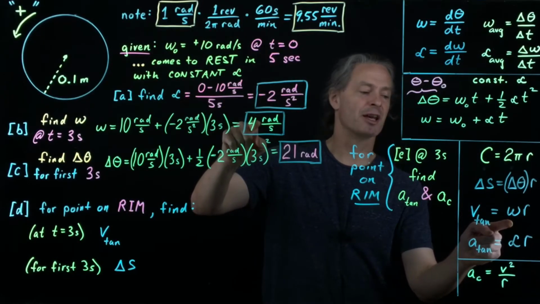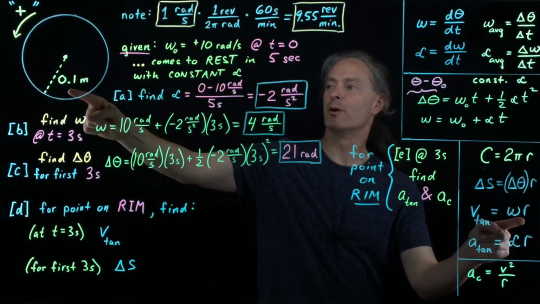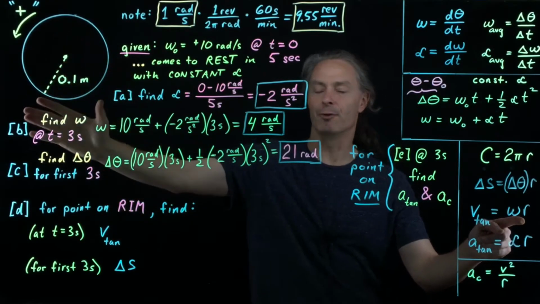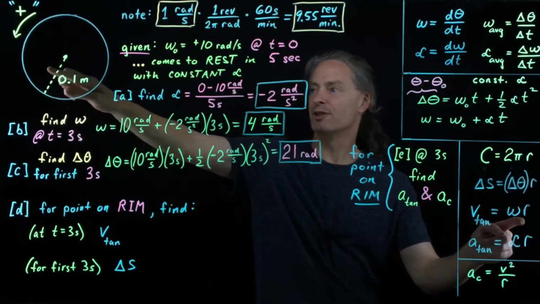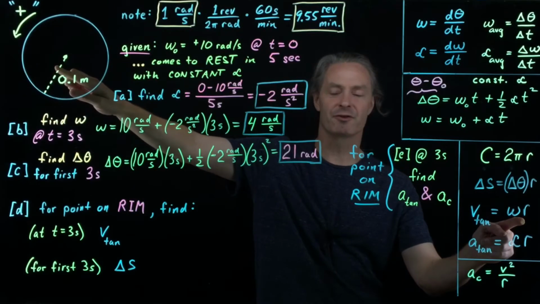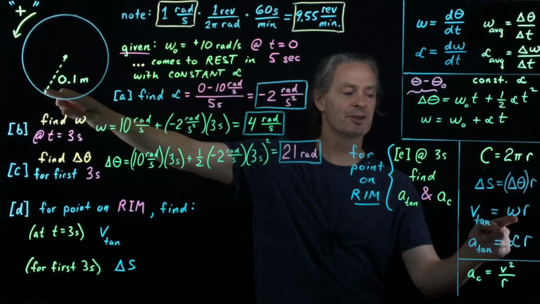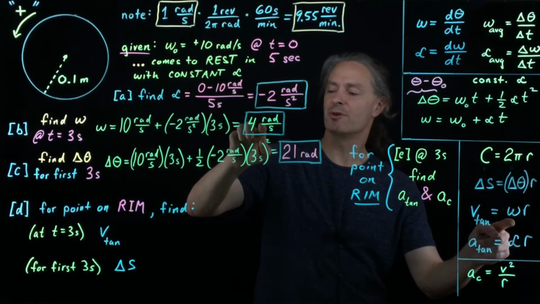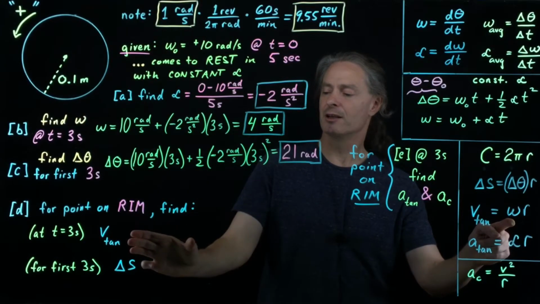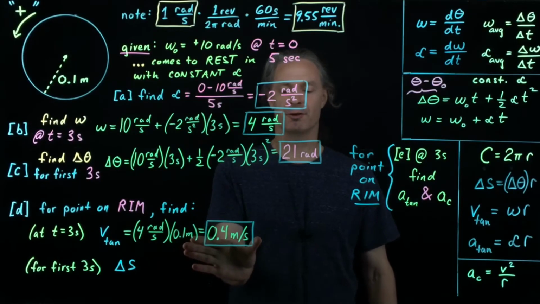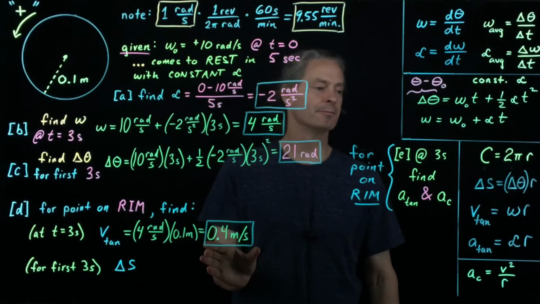We can multiply that by the radius of 0.1 meters because we're considering a point on the rim. If we were considering a point somewhere else, we'd use the appropriate radius for that, but we want a point on the rim. So we have 0.1 meters multiplied by 4 radians per second. We can put that right here, and we get 0.4 meters per second.